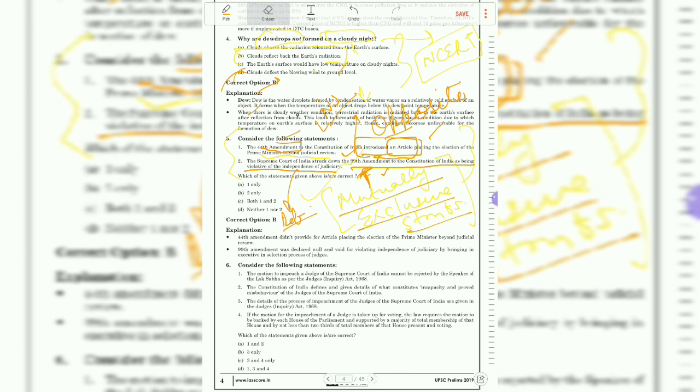Just try to get what I'm trying to say. It says it introduced an article. If such a thing came, obviously you would know there was an article about the exclusion of Prime Minister's election from judicial review, right? So it is not there.